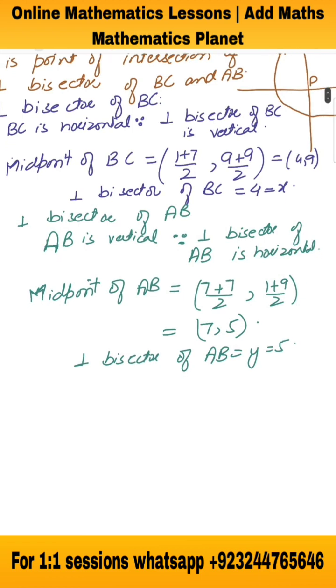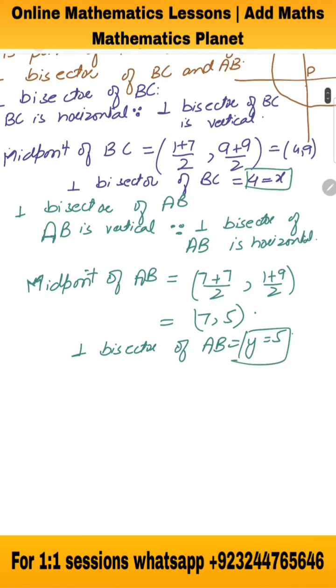So the line x is equal to 4 and the line y is equal to 5 meet at the point P, 4, 5.